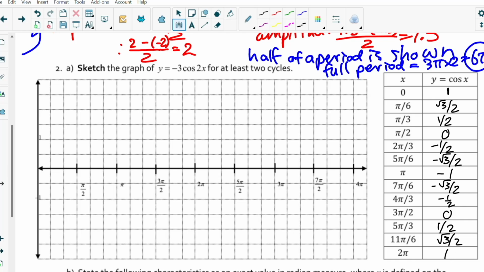Okay, so when I graph this in black, here's the trick with the cosine function. I'm going to plot the quadrantal angles.